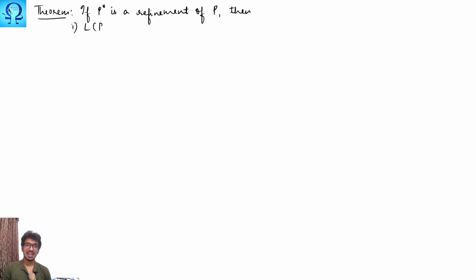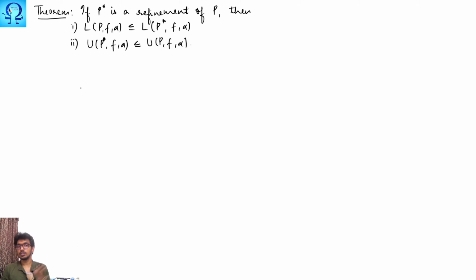That is, L(P, f, alpha) is smaller than or equal to L(P star, f, alpha), and U(P star, f, alpha) is smaller than or equal to U(P, f, alpha). Okay, at the end of this theorem, let us do some interesting remark that helps in understanding the theory of RS integration. Okay, let us start the proof.